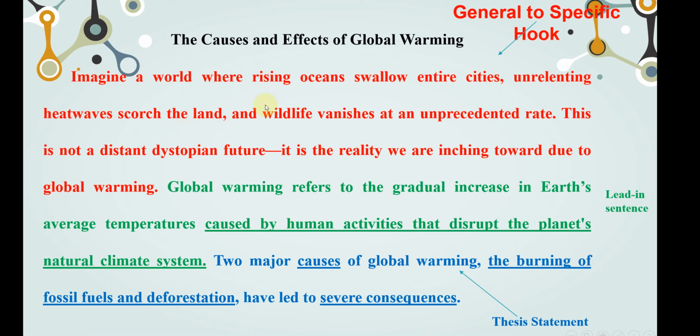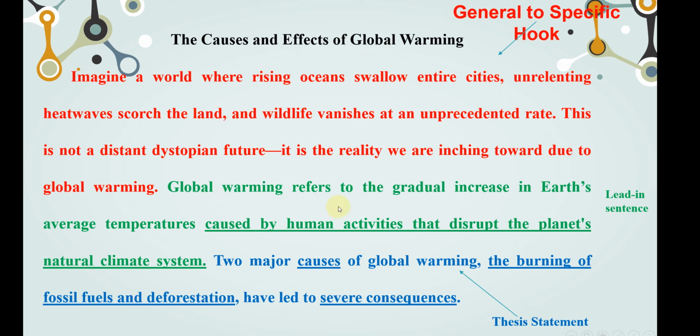Now, from very general, we have to move on to the lead-in sentences, which are less general, and the role of the lead-in sentence, as I said before, is to narrow down the topic in order to reach the thesis statement properly.